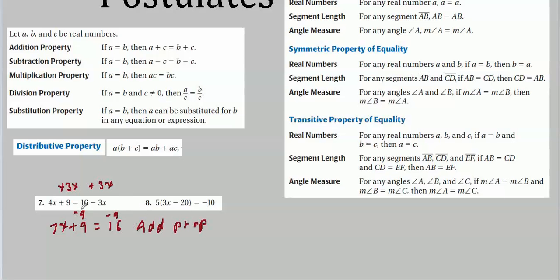Now we're going to add a minus 9 to each side, once again using the addition property, and get that 7x, and that'll be the addition property also. 7x. Well, that's really a bad x.